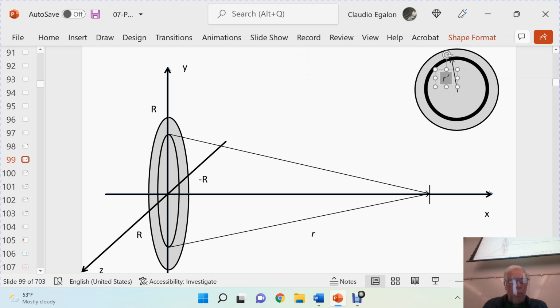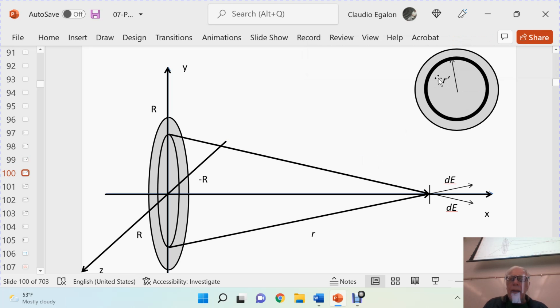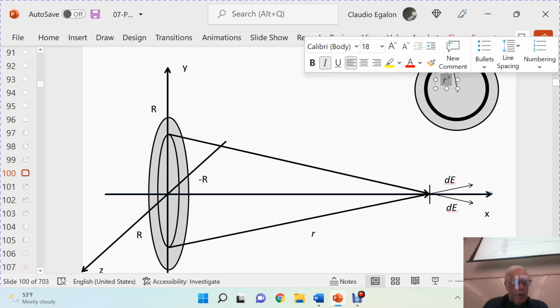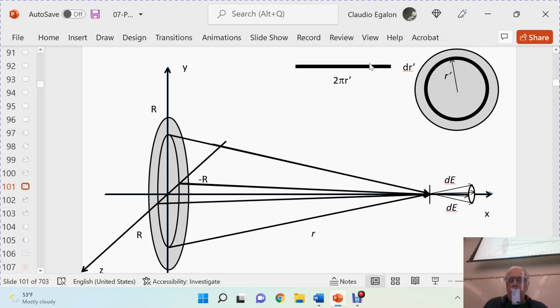Remember, when you're solving problems, it's very important to get a good notation and keep track of that.